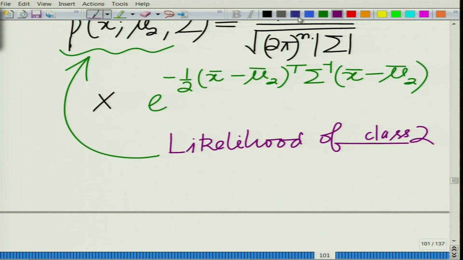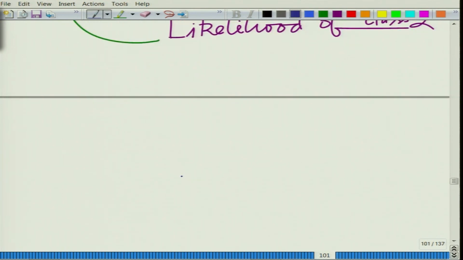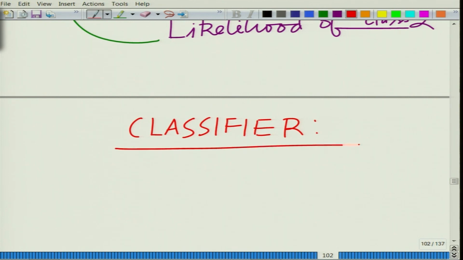Now, how do we make the decision, or how do we do the classification? What is the classification rule, or what is the classifier, as we call it in machine learning? The classification rule is very intuitive. If the likelihood corresponding to class 1 is higher, choose class 1. If the likelihood corresponding to class 2 is higher, choose class 2. If both likelihoods are the same, which arises with 0 probability, you can choose any class.